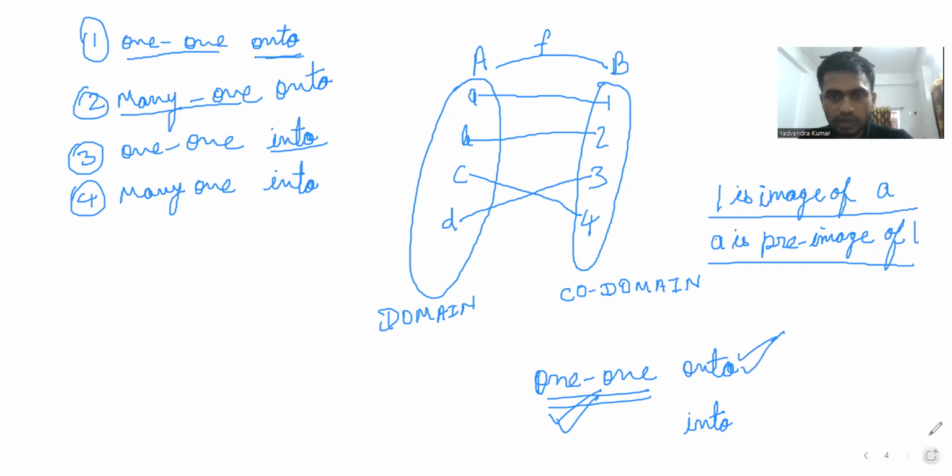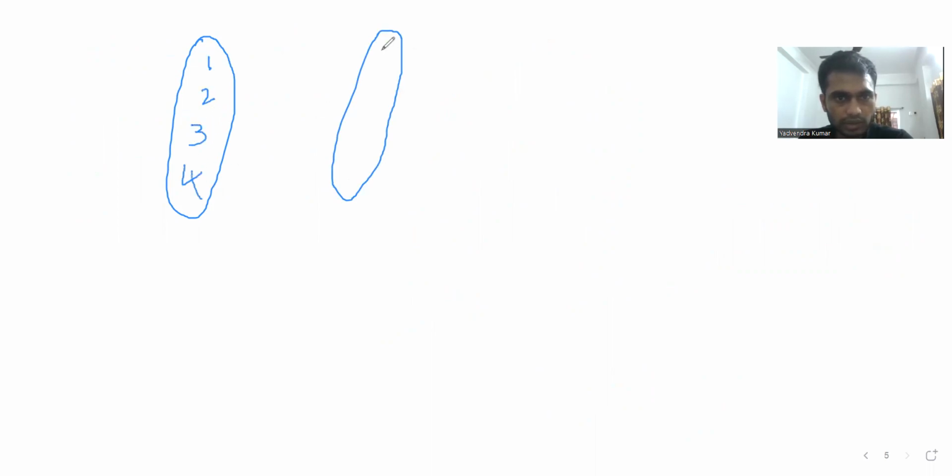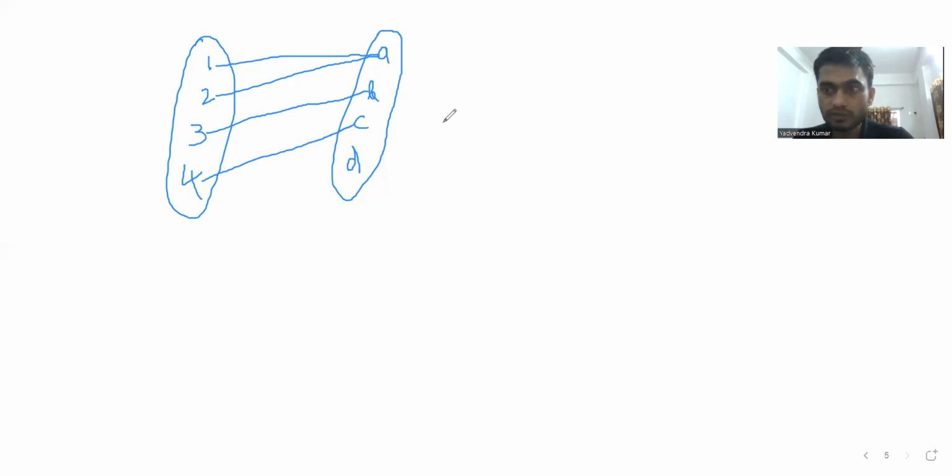Okay, so now let's try to understand what is into. So 1, 2, 3, 4, A, B, C, D. 1 is going to A, 2 is going to A, 3 is going to B, 4 is going to C. Now what is this function? This function is now a many-one.